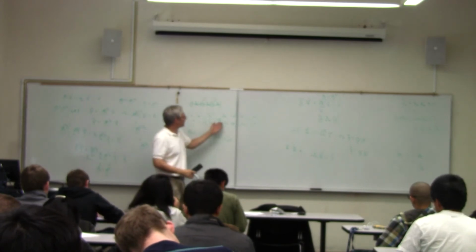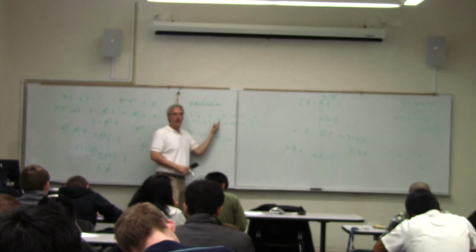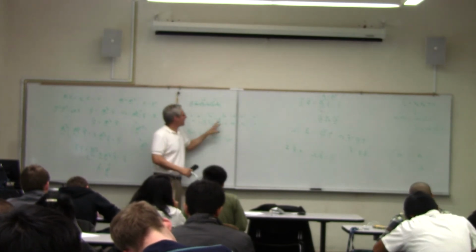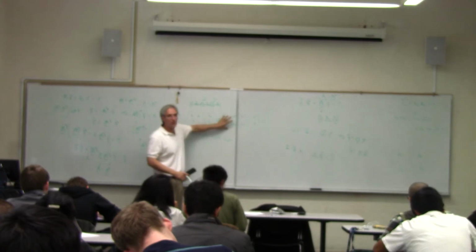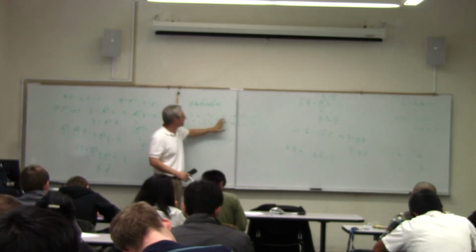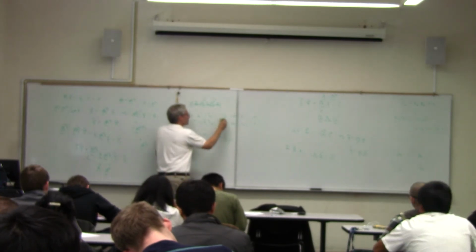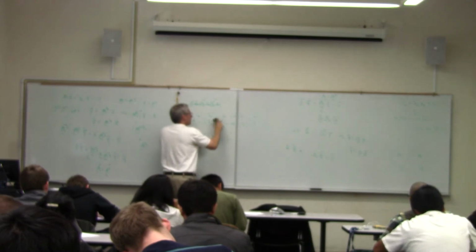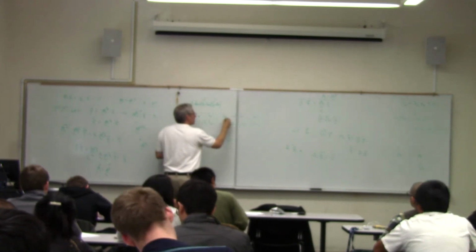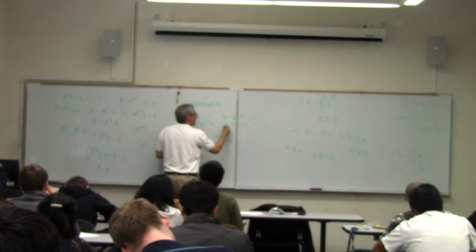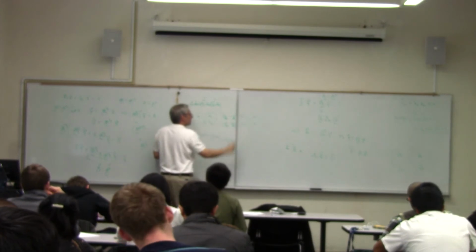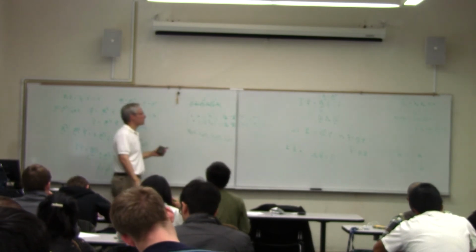So I can just divide through by the scalar m. And this matrix is still symmetric, right? When I divide through by m, I'm dividing every entry in the matrix by m. Okay? That didn't alter the symmetry.